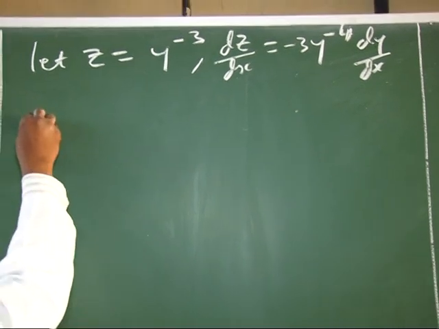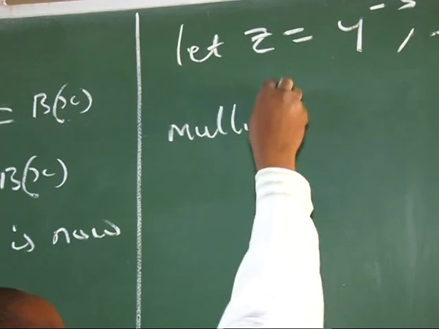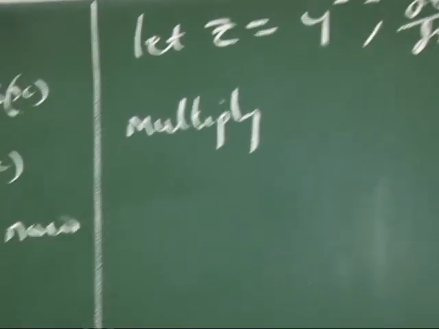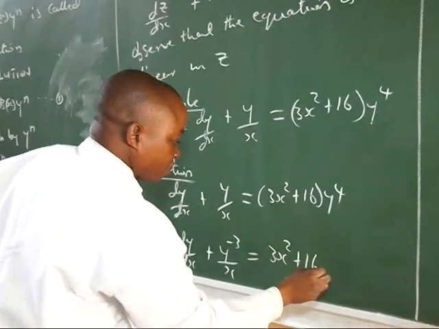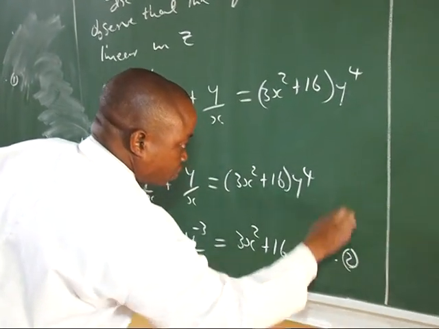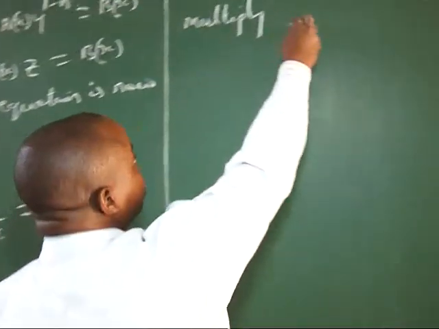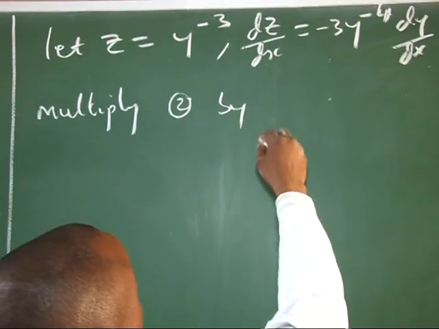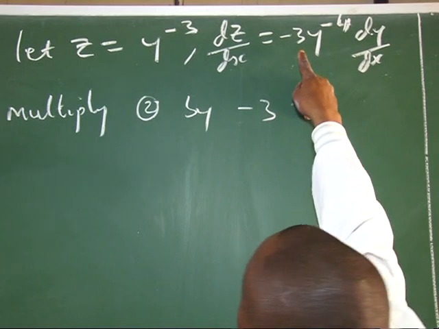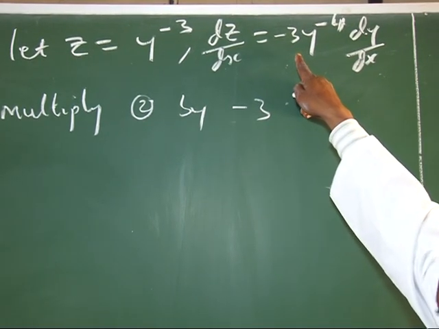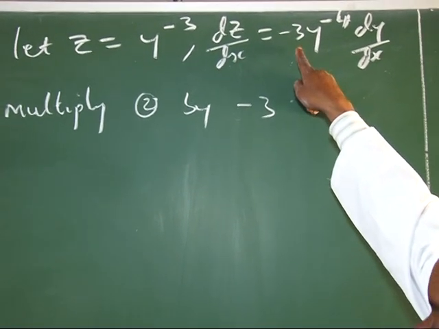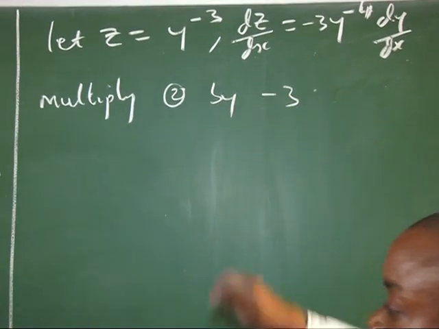Okay, now we are going to multiply. Let's call this equation 2, and this is 1. So multiply equation 2 by minus 3, by this coefficient, because by the time we multiply by this coefficient, we will convert it to dz/dx.